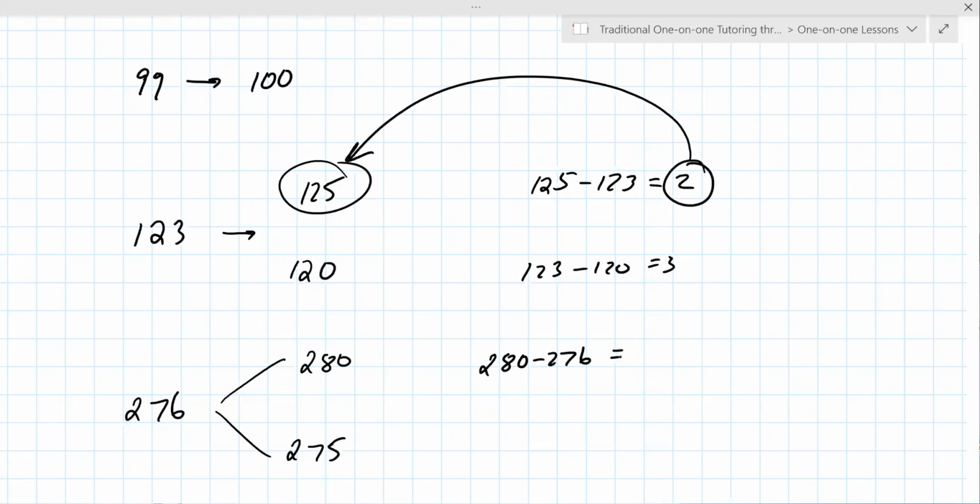Nope. 280 minus 276. How far away is 76 from 80? 78. Okay, you're just guessing.